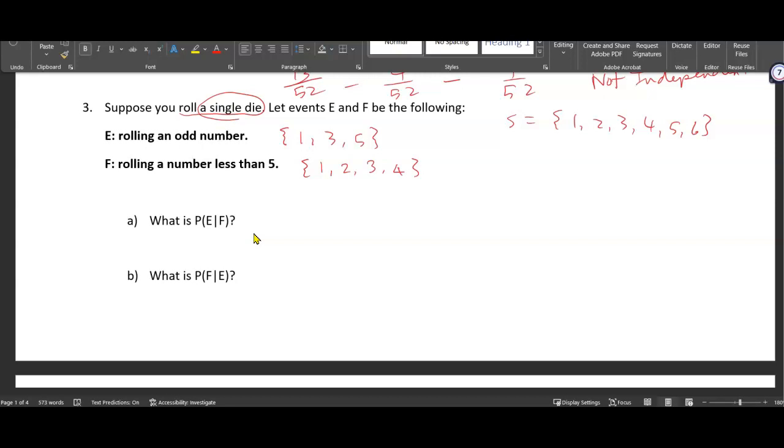Okay, looking at part A and part B, are they asking the same question? So this is a different given, right?